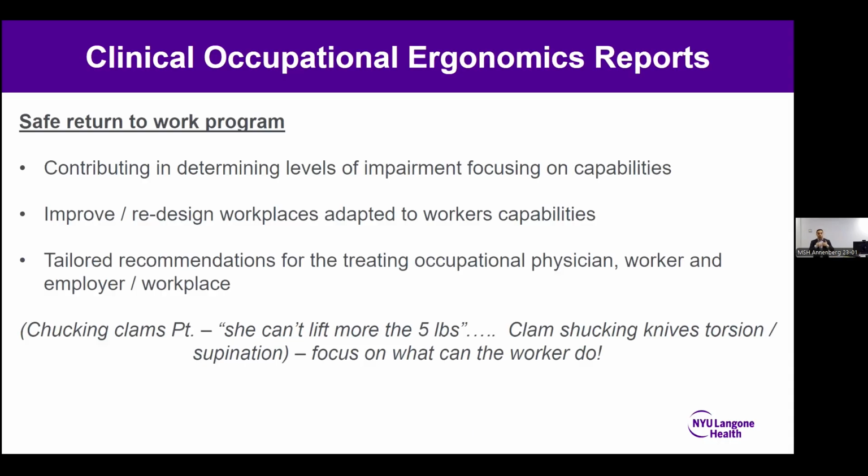So you also give the employee the opportunity to maintain their job and be productive and not exacerbate what they have. And of course, improving and redesigning the workplace adapted to workers' capability, with tailored recommendations for the treating occupational physicians, workers, and employer. We can have one report that everybody can read, right?